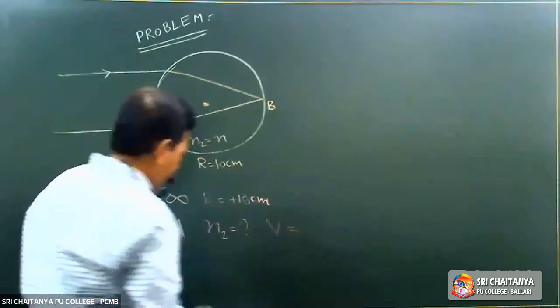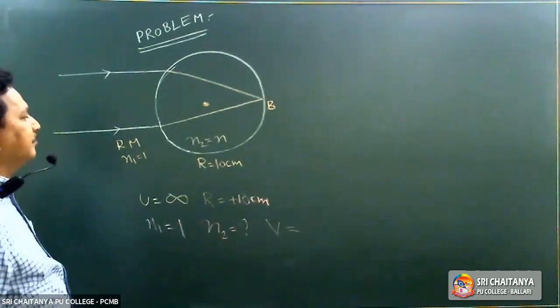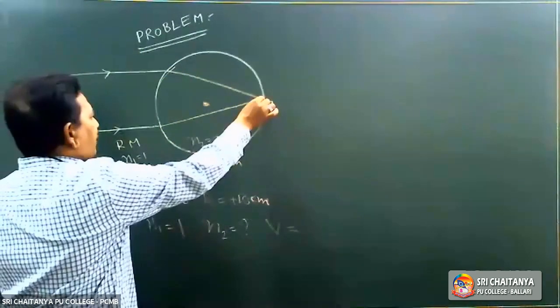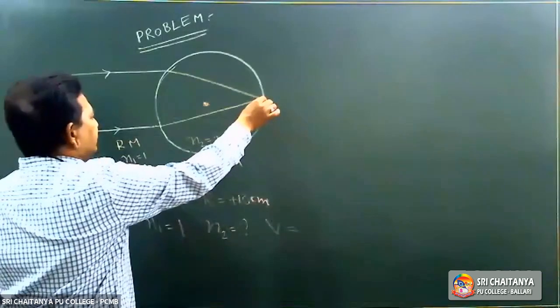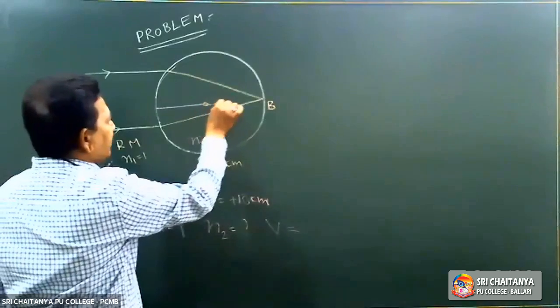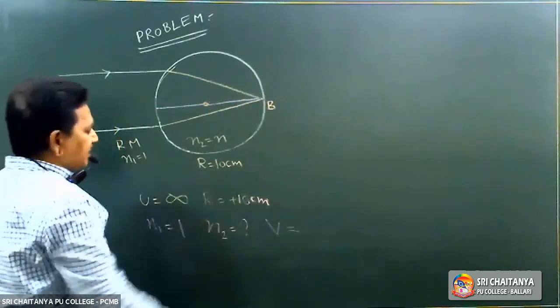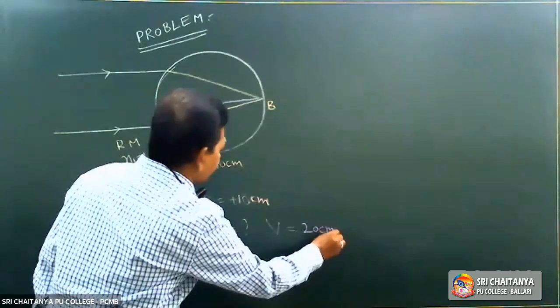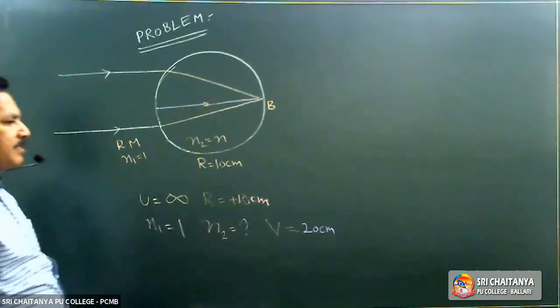What is the V value given? From the first surface, the distance of the point B is V. From here to here, 10 centimeters, and from here to here, 10 centimeters. So the V value is equal to 20 centimeters, that is also plus.